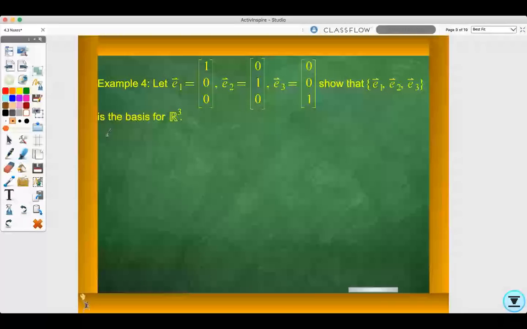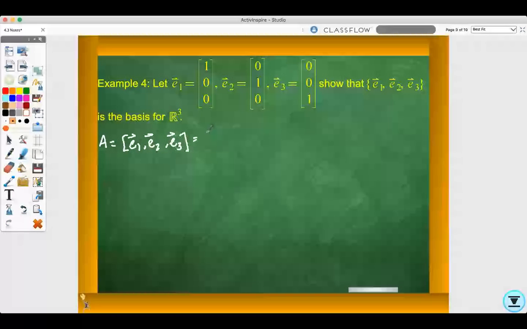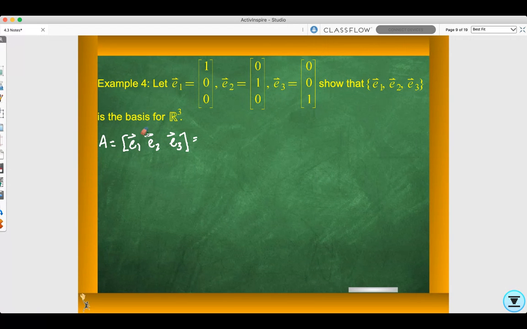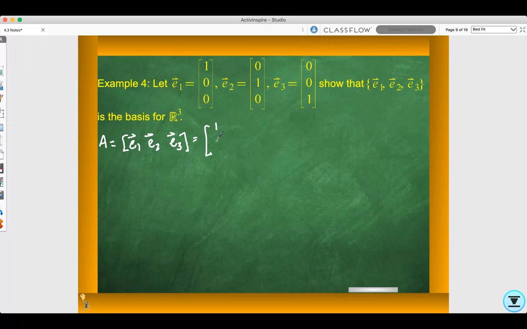So we're going to let matrix A equal e1, e2, and e3. So this would be the matrix 1, 0, 0, 0, 1, 0, 0, 0, 1.